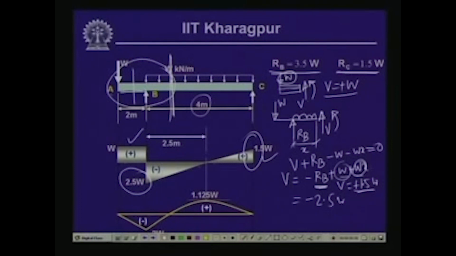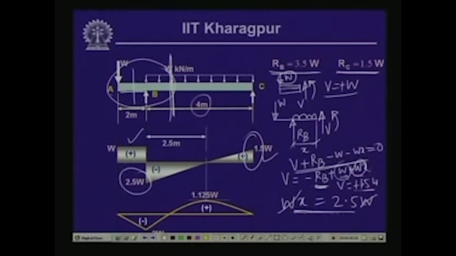So, at point B it is minus 2.5 W, at point C it is 1.5 W. Now, since it is changing from minus to plus, somewhere along the length the shear force is equal to 0. Now, if we set the expression for shear V equal to 0, minus 3.5 W plus W X is equal to 0, so minus 3.5 W plus W is minus 2.5 W, which gives us W times X is equal to 2.5 W. So, W gets cancelled.